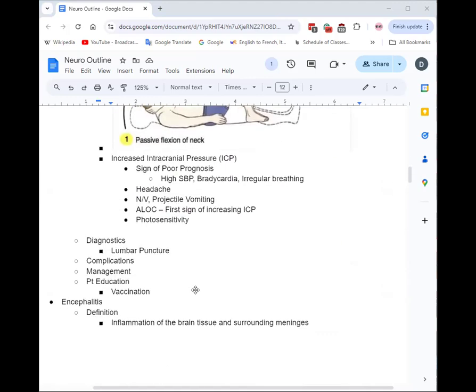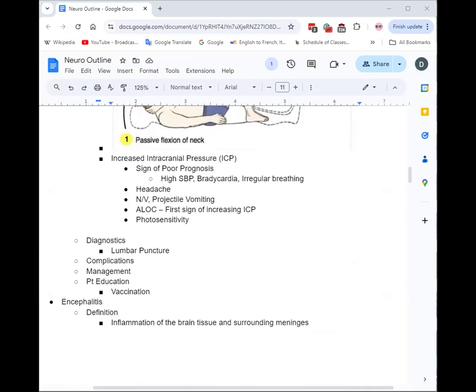Okay, that's pretty good. Are there any other diagnostics you might want to look at other than the lumbar puncture? And what else about the lumbar puncture might you want to work through?